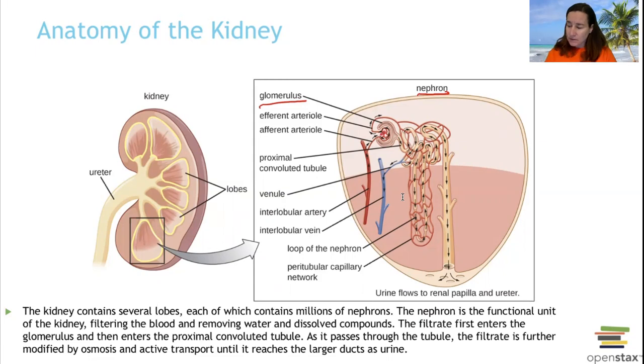So here's our glomerulus here. It's inside the Bowman's capsule. It's going to go through all of the PCT, loop of Henle, DCT, and then collecting ducts down and out into the renal papilla and out of all of the minor and major calyces, renal pelvis, into the ureter coming down.